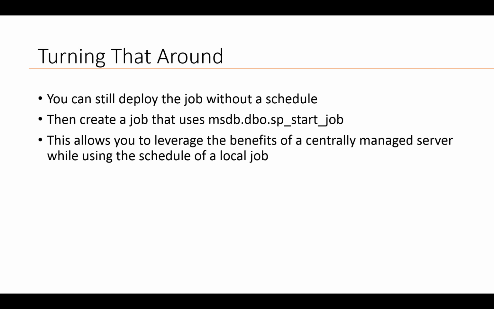I have a backup job that I run across 150 servers that has no schedule, and then I have a different set of jobs that say run the backup job at 1 a.m., or run it at 2 a.m., run it at 3 a.m. So if I need to move a backup from 1 a.m. to 3 a.m., I just change which job that server gets. It's a roundabout way of doing it, but we've been pretty successful with it.